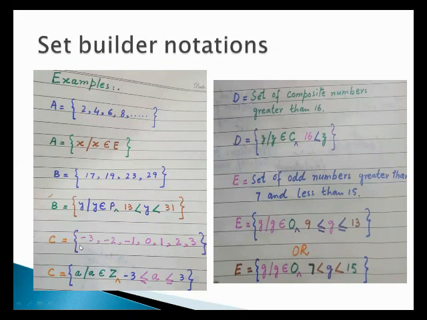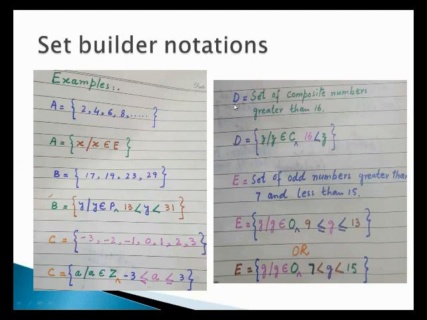We observe that we have a set of integers which starts from -3 and ends at +3. So it can be written as A such that A belongs to Z, because Z means set of integers, and -3 is less than or equal to A and A is less than or equal to 3.